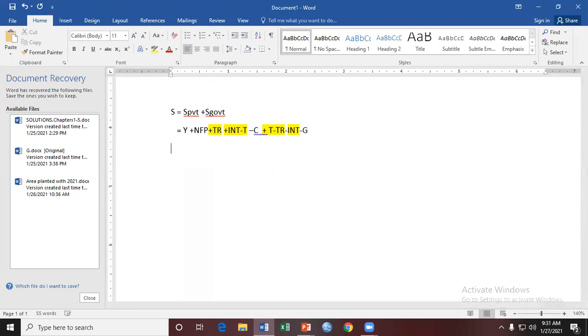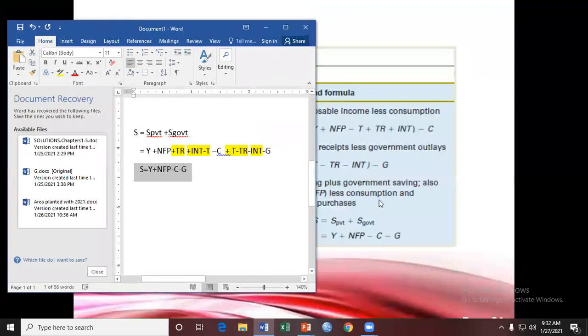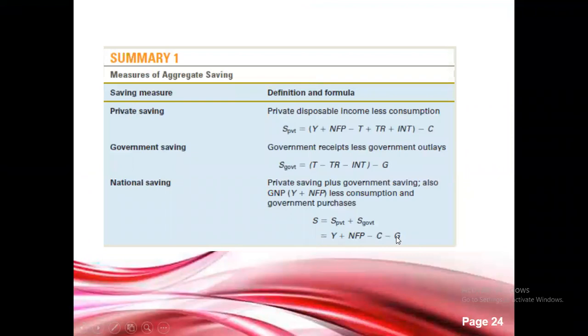What you will get in the remaining is Y plus NFP minus C minus G, which is equal to national saving. This is the same value which is written over here, right?